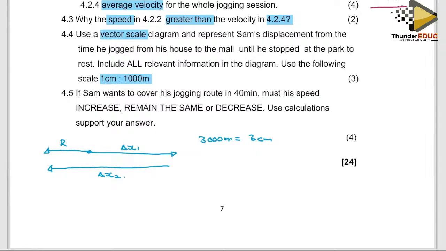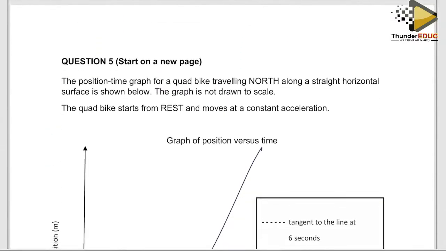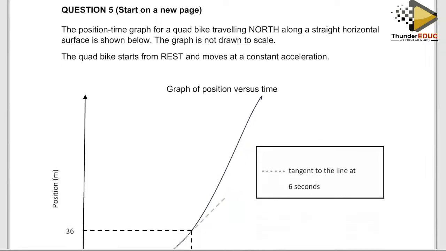Then the other one, which is our resultant, was 1,200. Therefore, my 1,200 meters will be equal to 1.2 centimeters. So that is how we are supposed to draw this according to the scale that is given there. 1 centimeter is to 1,000 meters. Okay, so now we're actually going to proceed to the next question, which is question number 5.